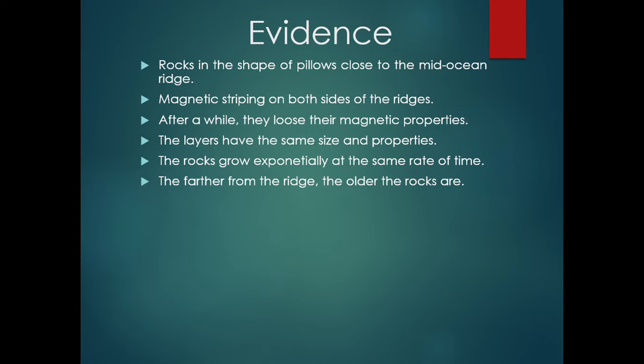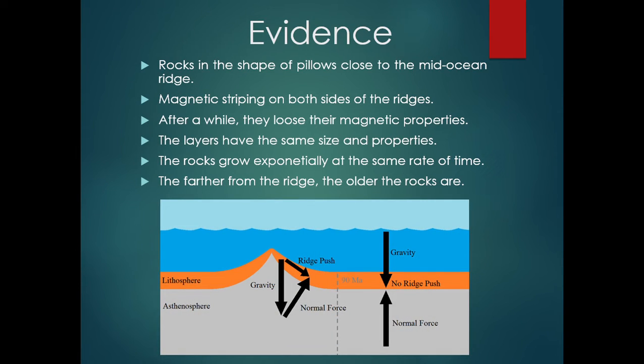Remember, magma goes out from the ridge, it cools down, and then it goes either way of the ridge. But basically, older rocks are found farther from the ridges. Okay, so right here we have another picture that represents it. That sort of mountain is right in the middle of the mid-ocean ridge.